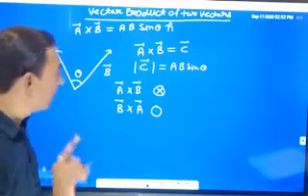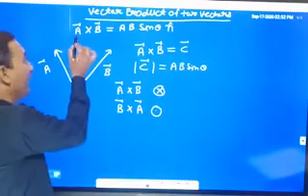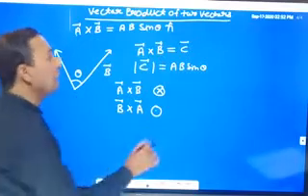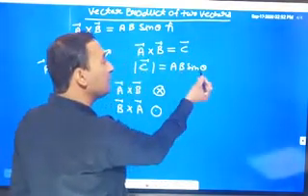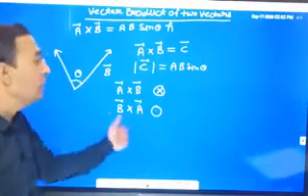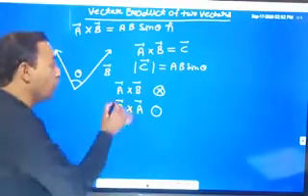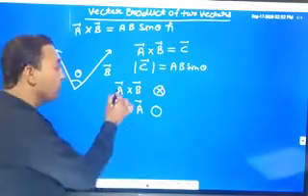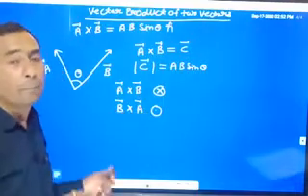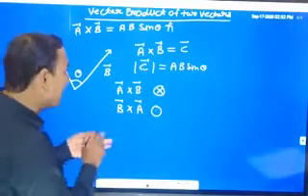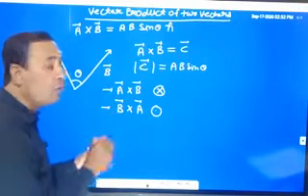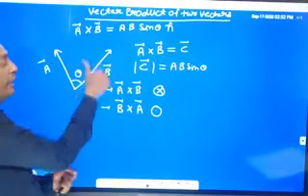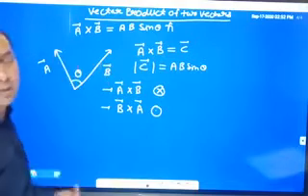Understand? Every student can easily understand that a cross b and b cross a have the same magnitude. The magnitude of a cross b is a b sin theta, and the magnitude of b cross a is also a b sin theta, but the directions of a cross b and b cross a are not the same. The directions are opposite to each other, and the angle between these vectors is 180 degrees, because a cross b is inward perpendicular to the plane of the board and b cross a is outward perpendicular to the plane of the board.